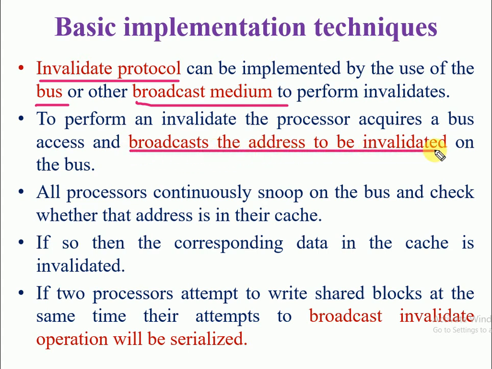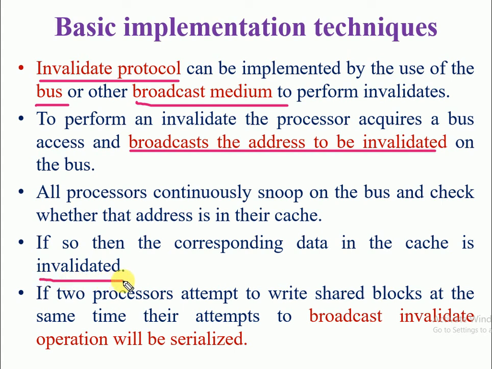So just giving implementation details of the same mechanism. All the processors continuously snoop on the bus and check whether that address is in their cache. So every time all the processors are continuously monitoring the bus that is connected to the primary memory, and it will be checking the status of each data item. If so, then the corresponding data in the cache is invalidated.